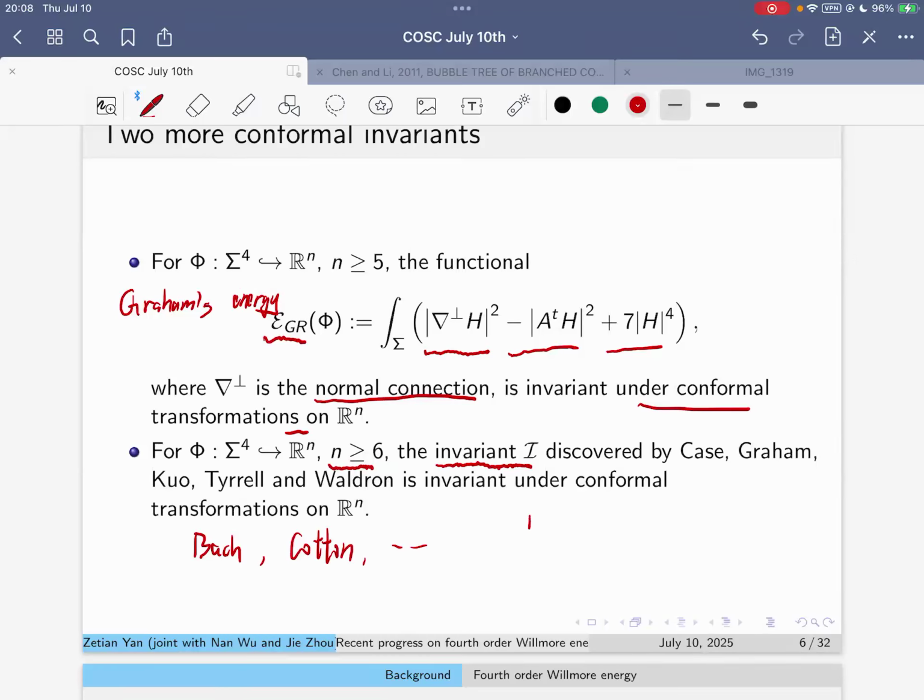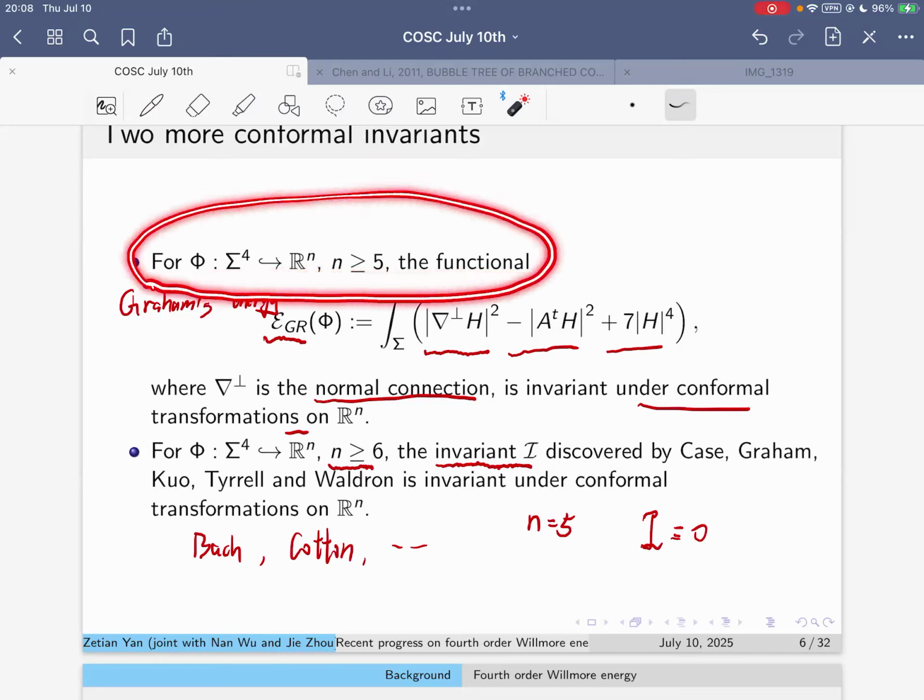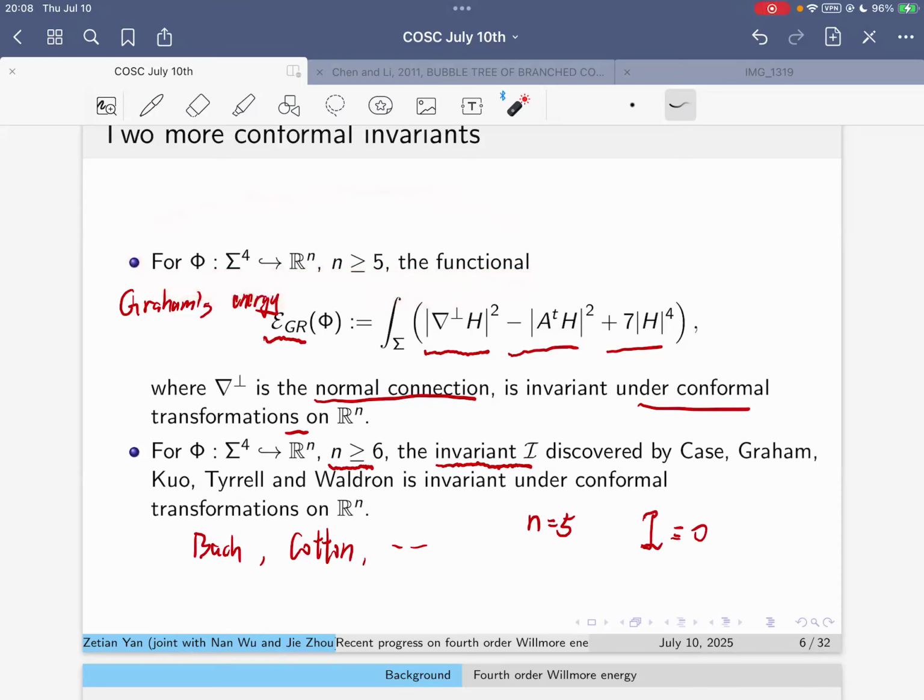If you are very interested, you can check it by yourself. In the hypersurface case, this invariant vanishes. So in this talk, we will mainly focus on this functional because it's well defined when the embedded dimension is bigger than or equal to 5.